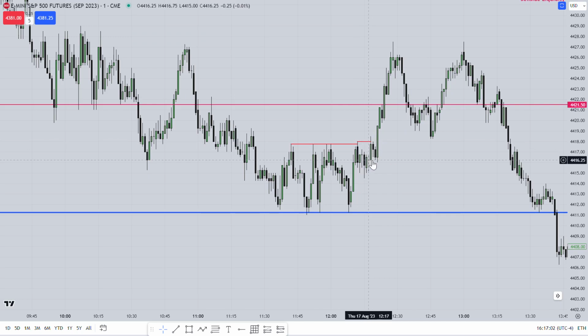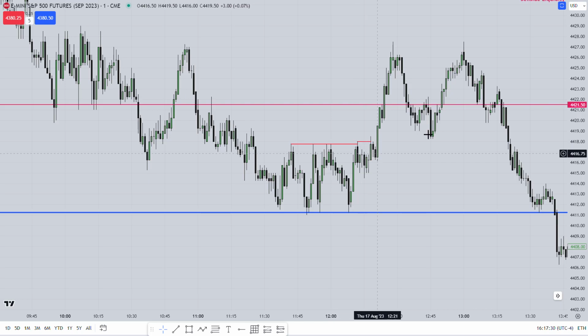Why? Because it didn't trade any fair value gap here. There is no fair value gap which is traded by this high. Also, in its right there is another high which is higher than this high. You see this high is higher than that high. So this should not be the shift in market structure.